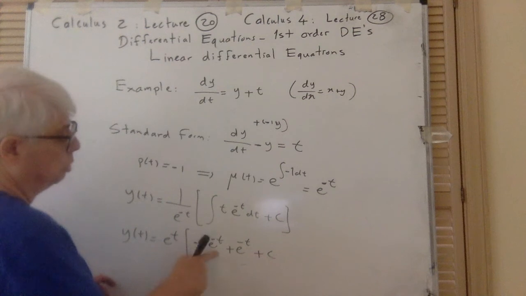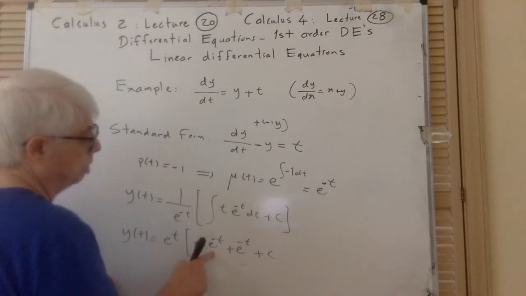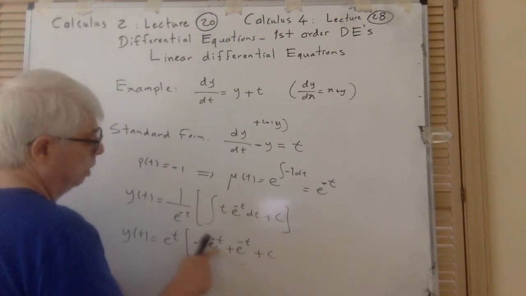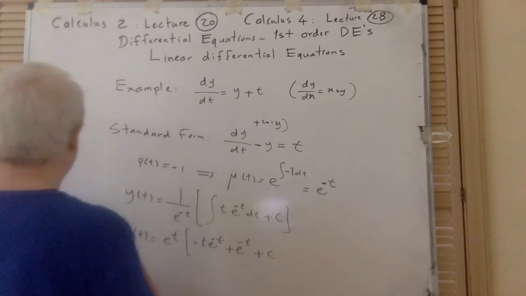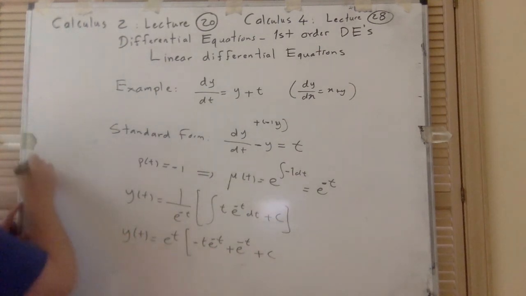The derivative of this is minus e to the power minus t plus t times the derivative of minus e to the power minus t. Then I have minus t e to the power minus t minus integral minus e to the power minus t dt. So minus minus is plus, then I think it's minus.